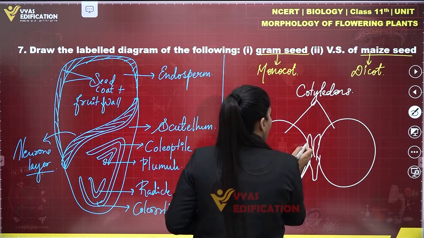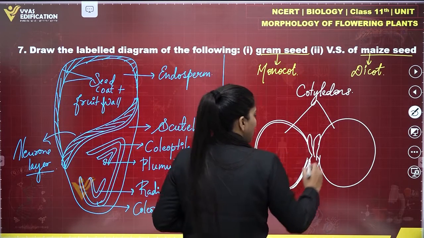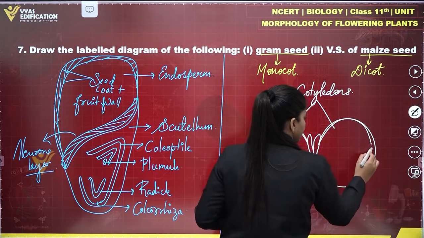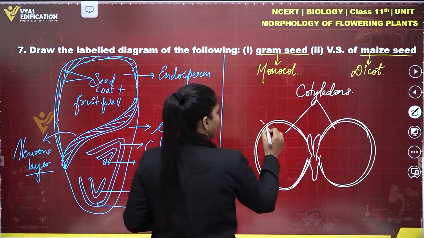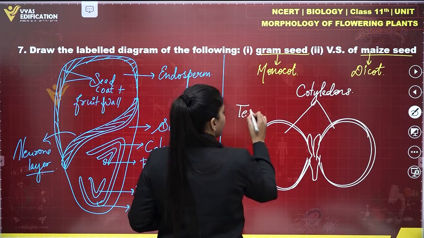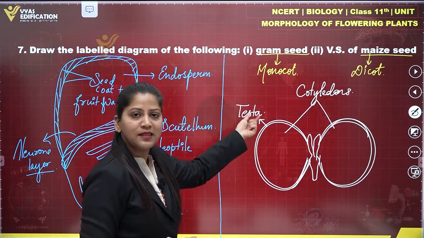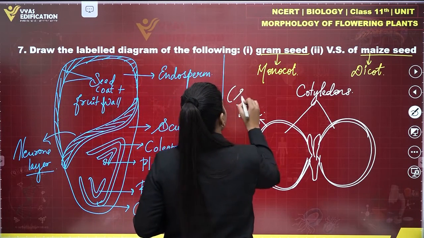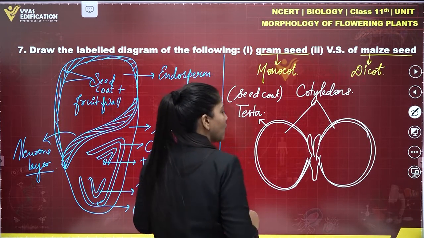Each cotyledon is having a layer which is known as testa. Testa is nothing but the seed coat. This is your seed coat in case of dicot seeds.